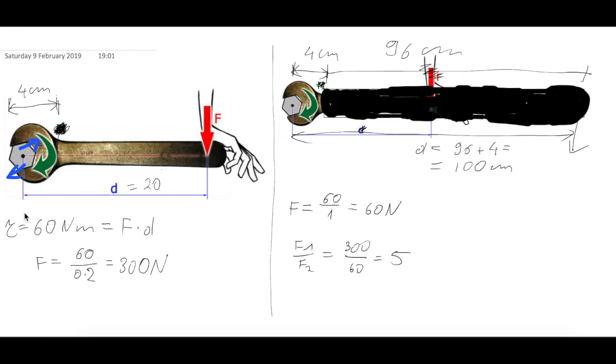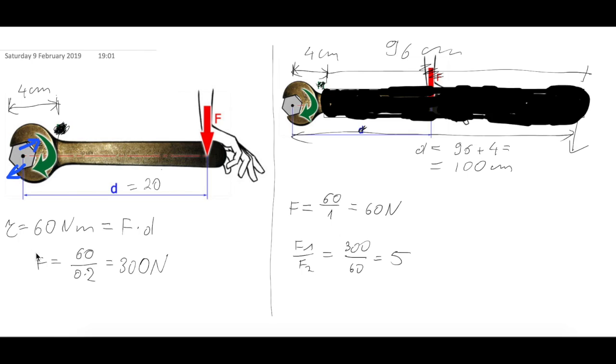So we're tightening that nut to a torque of 60 Newton meters, and that torque is the same as the moment that's exerted by the force pushing down. The torque and the moment are a little bit confusing in this case because, as you know, torque is the moment of a couple of forces, and here we just have the moment of a single force.